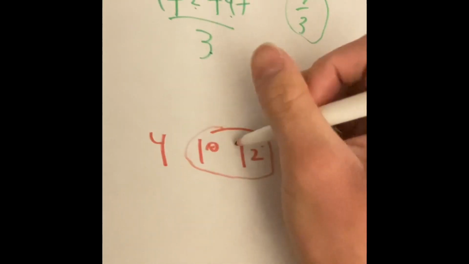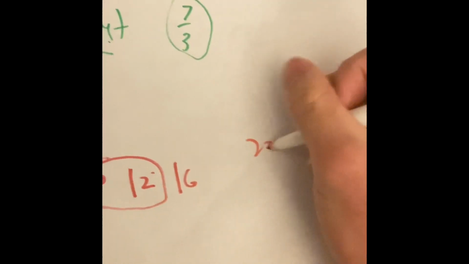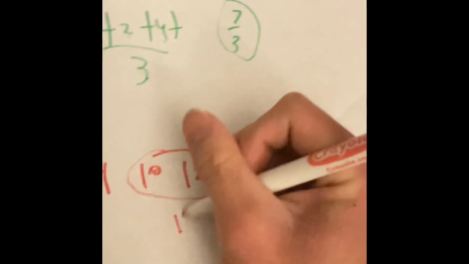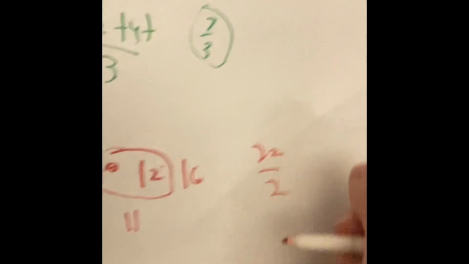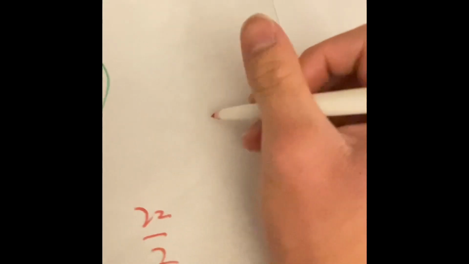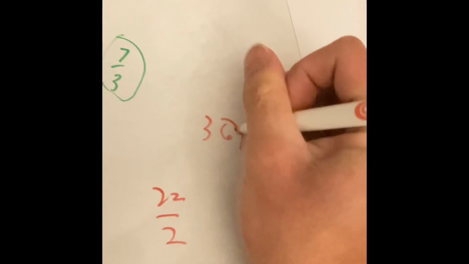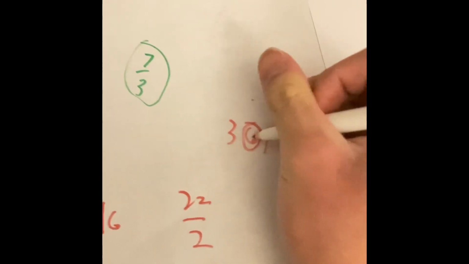So you have to add the two. That will bring you to 22, divide by 2, and 11 is going to be our middle number. If you have an odd number of numbers, like 3, 6, 9, then 6 would be the median because it's the middle number.